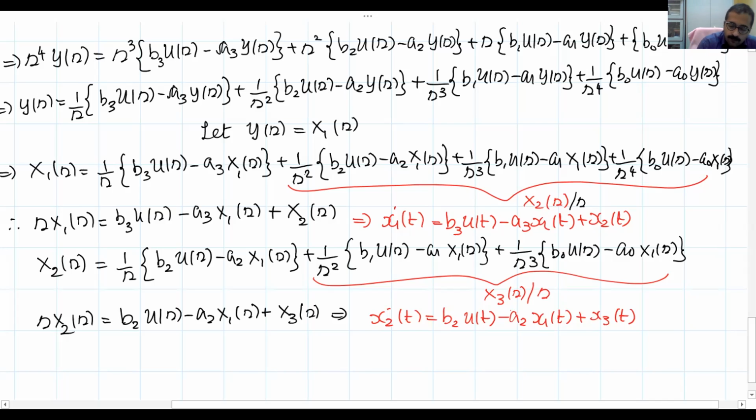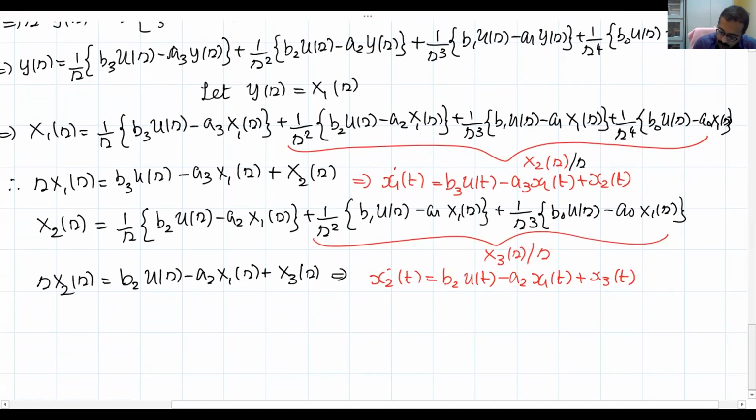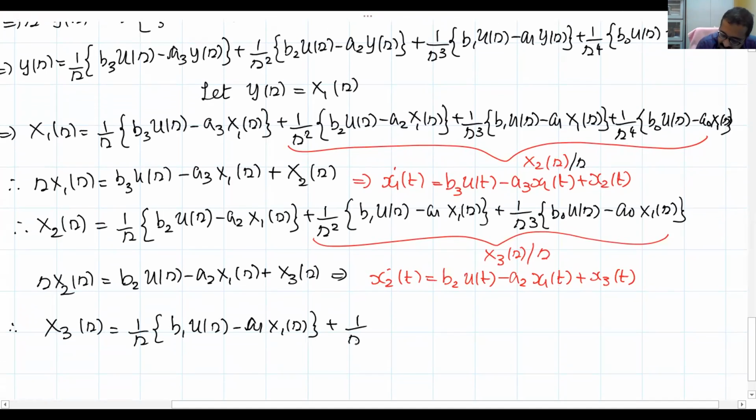Okay, now so what will be x3 of s now? x3 of s will be, you multiply throughout with s, 1 by s into b1 u of s minus a1 x1 of s plus 1 by s square into b naught u of s minus a naught x1 of s.